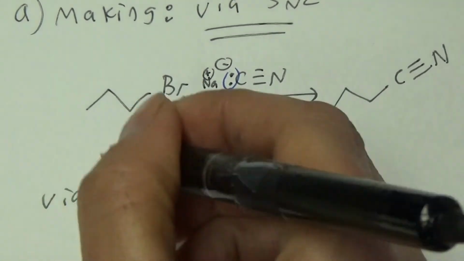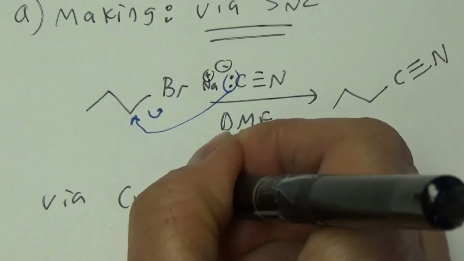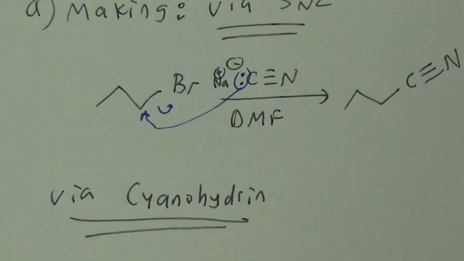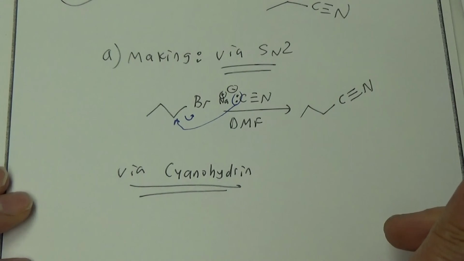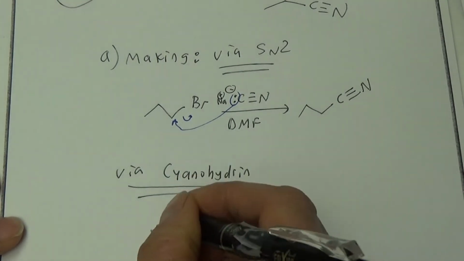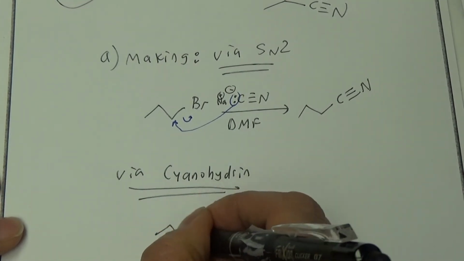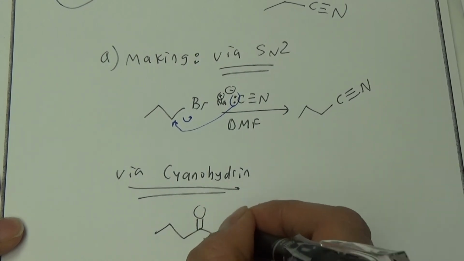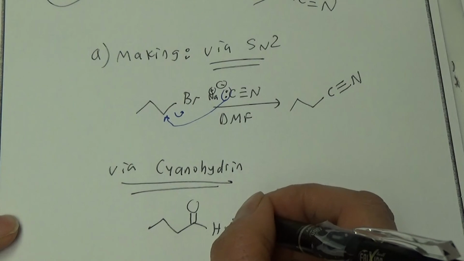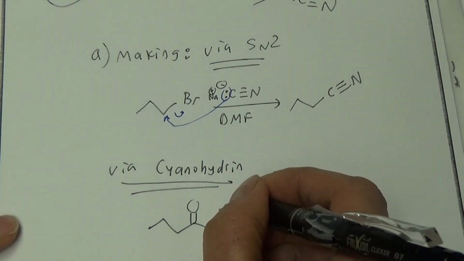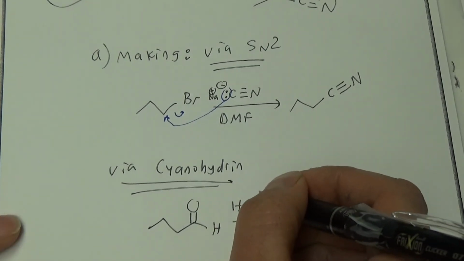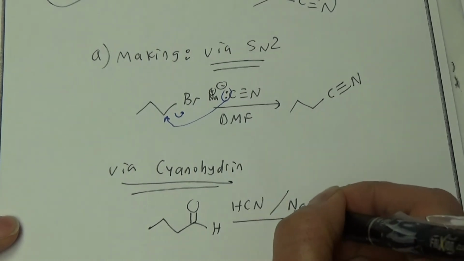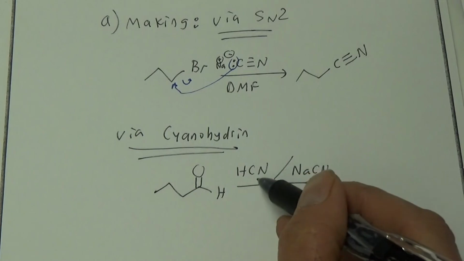The other way to do it, cyanohydrins. That's the other way that we've learned to make nitriles. We've seen many times now, just take an aldehyde or ketone and then react it with HCN, probably HCN, NaCN. I think you can do the mechanism with just HCN.